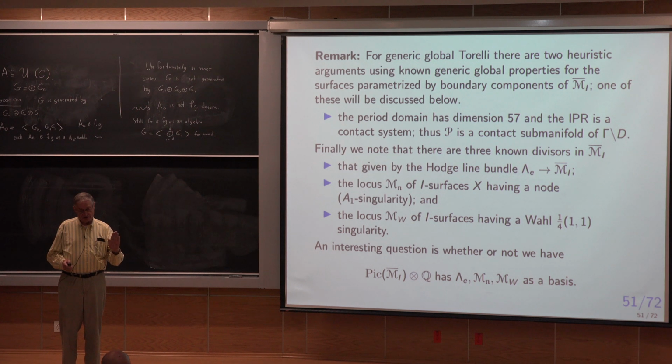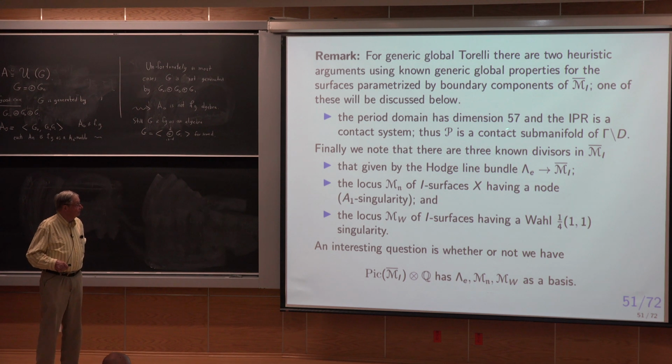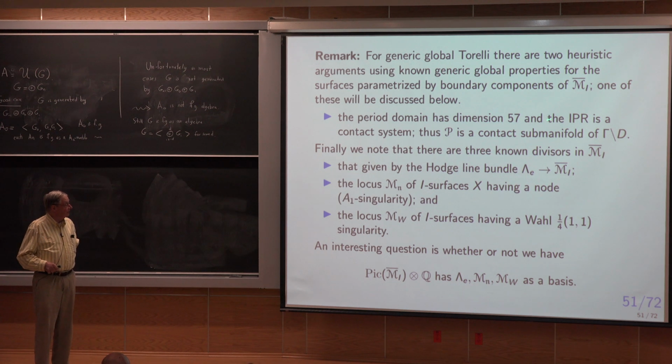What it says is that, except in the classical case, for any family of varieties, their Hodge structures satisfy a non-trivial set of differential equations. For the surface, it's a contact system, a 57-dimensional manifold with a contact structure, and this P is basically the moduli space as a contact submanifold.